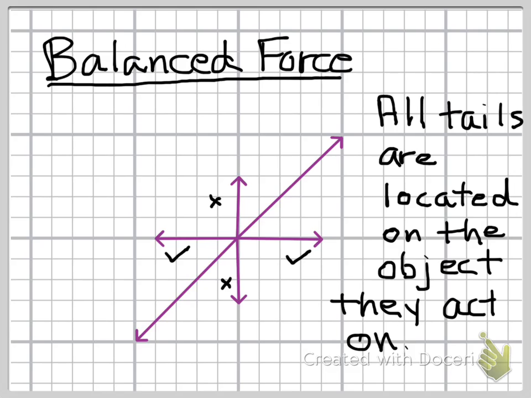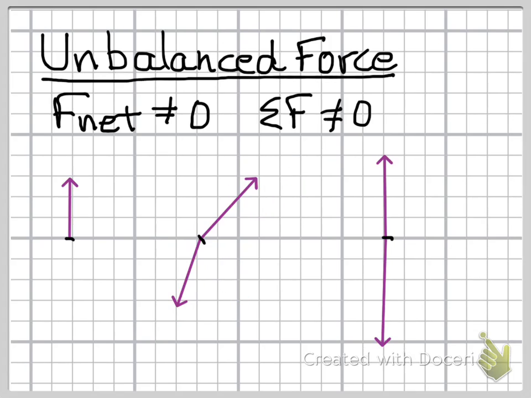They are also balanced, and I think you can see that the vectors going up and to the left, and up and to the right and down and to the left are also balanced because they're in opposite directions but the same magnitude. So all tails are located on the object that they act on, and it appears that this is a complicated example of some object that has balanced force acting on it.